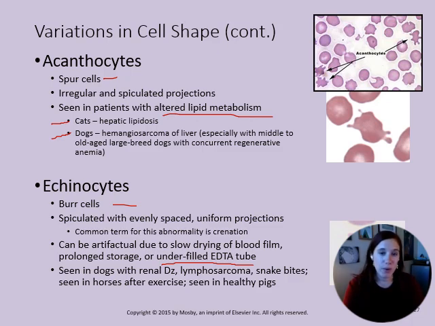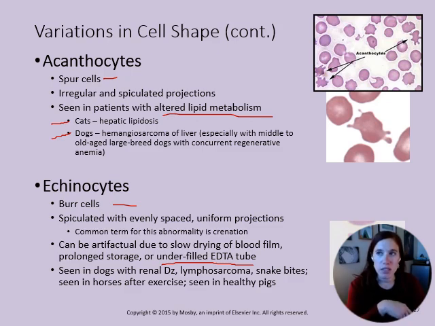We see this in dogs with renal disease, lymphosarcoma, and snake bites. We can definitely see this in snake bites. I have several times had patients that presented for a possible snake bite, and then we looked under the microscope to help in our definitive diagnosis, and we were able to see echinocytes, burr cells present, which is always really fun to also show the owner or the client or customer, wherever you work, and we can be like, hey, yep, your cat or dog got bit by a snake for sure.